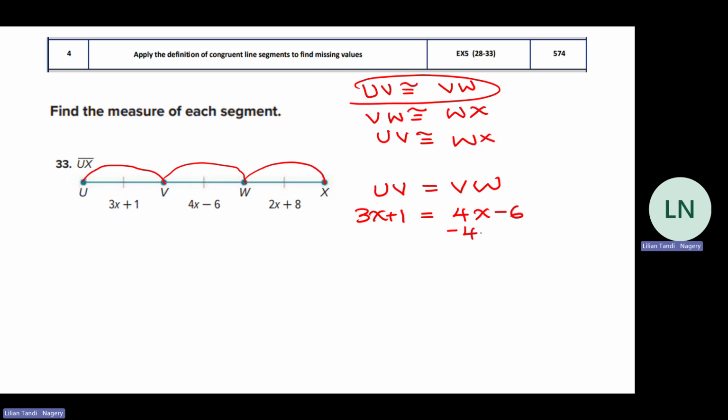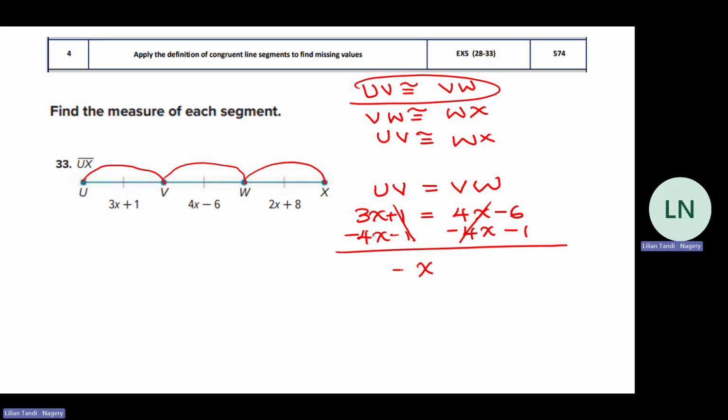Then I move my letters to the left and my numbers to the right. Okay, this is 0, this is 0. 3x minus 4x is negative x.